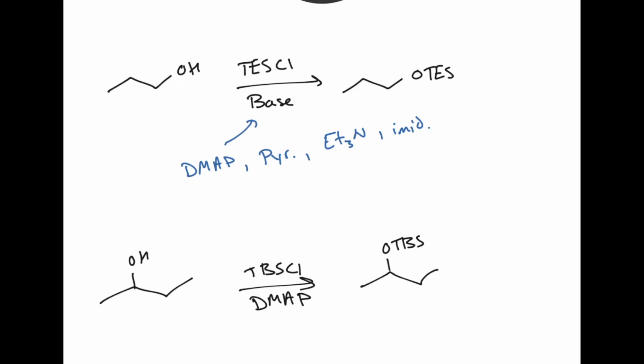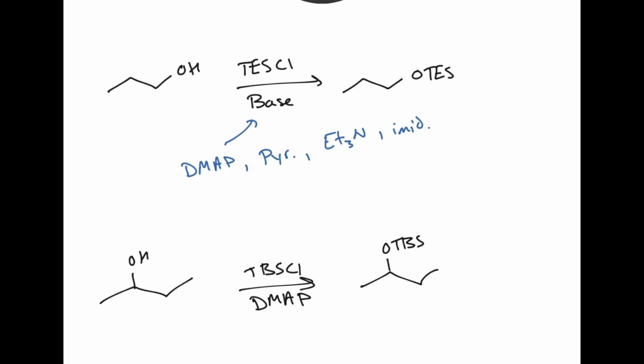So just like a lot of other things, we're not doing anything to the carbon-oxygen bond. We're only interacting with the oxygen-hydrogen bond. So if my carbon-oxygen bond is chiral, I keep that chirality when I put on my protecting group, right?